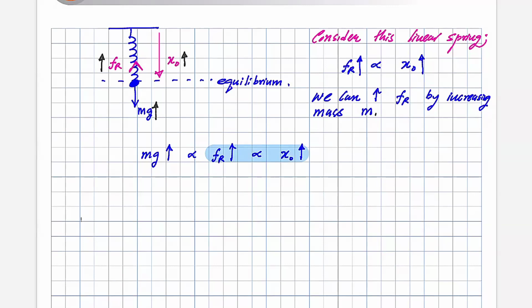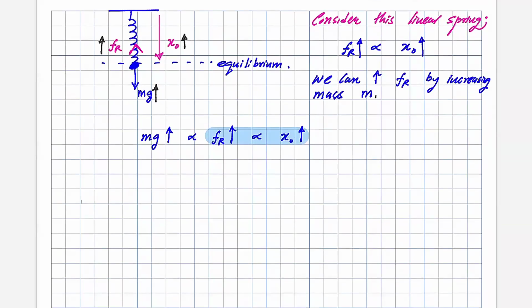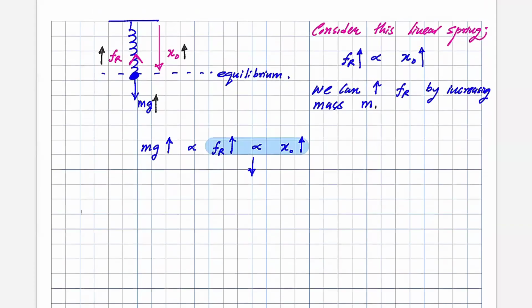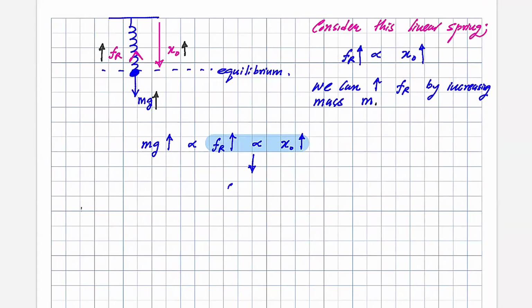Now, because of that reason, I'm going to say FR is equal to K times x0. This K is called the proportionality constant.